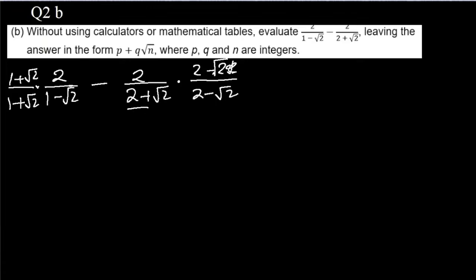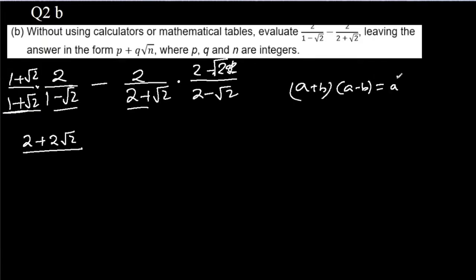So let's multiply. The first one becomes 2 plus 2 square root 2. And for the denominator, we know an identity that a plus b multiplied by a minus b is a square minus b square. The same will apply here. It will be 1 square minus square root 2 square.